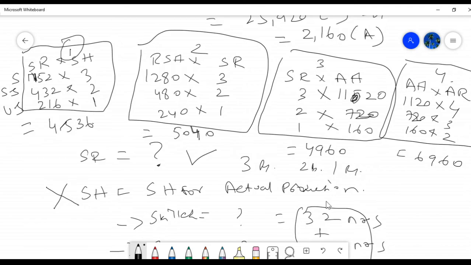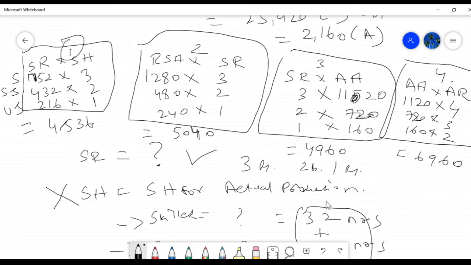Now we will work out the variances. Just I am writing the answer here. One is how much? 4536.